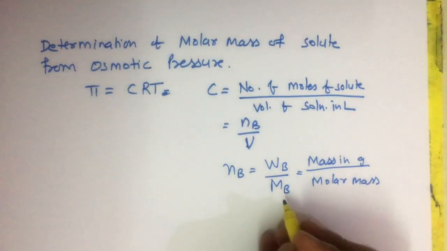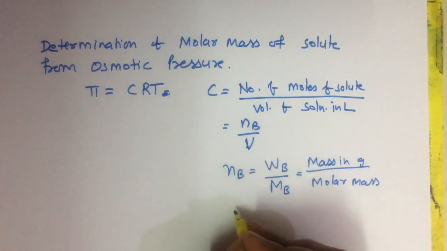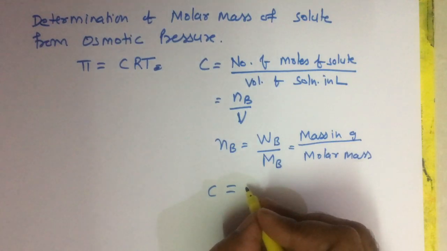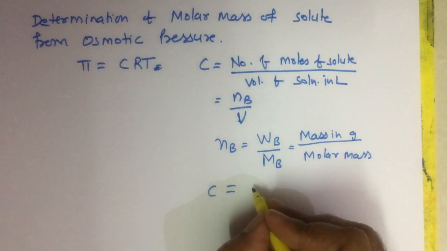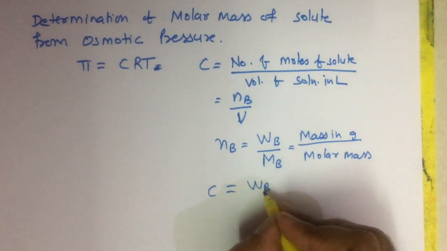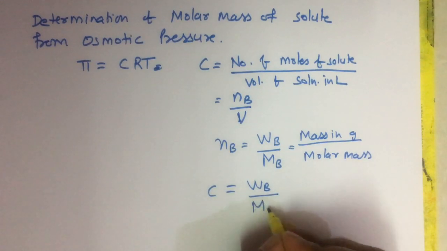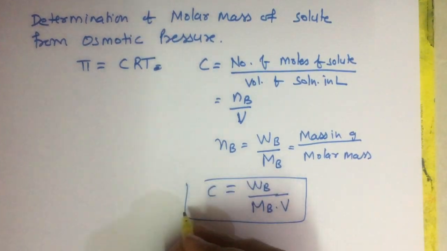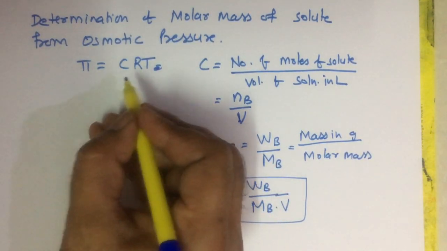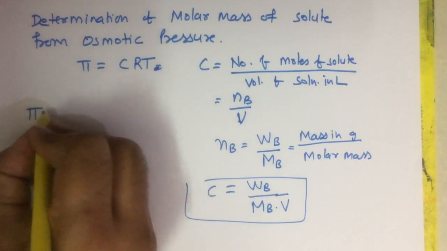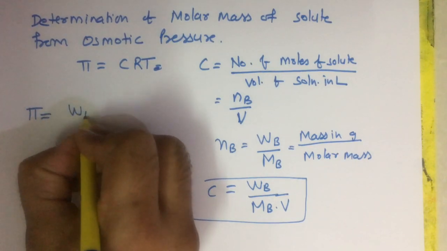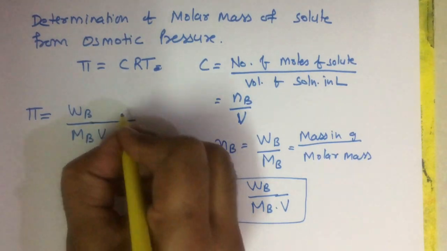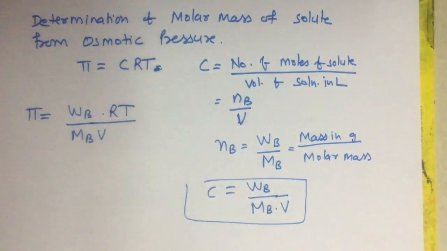Now substituting this value of WB upon MB over here, C is equal to WB upon MB into V. Now substituting this value of C in this relation, pi is equal to CRT, we have pi is equal to WB upon MBV into RT.